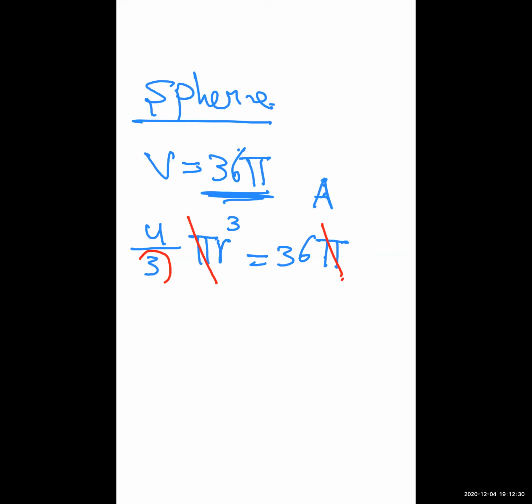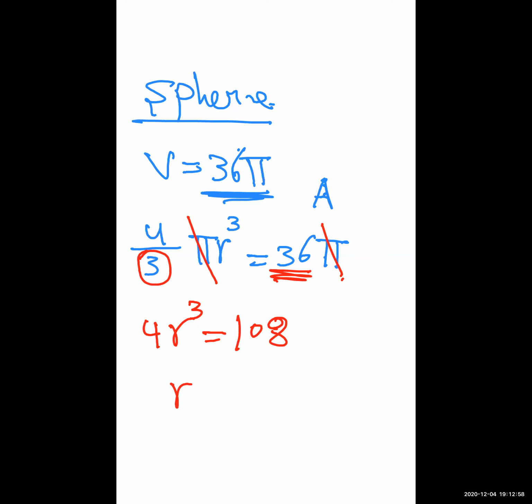Move this number on the denominator, so multiply both sides by 3. So 4 r power 3 will equal 36 times 3, which is 108.